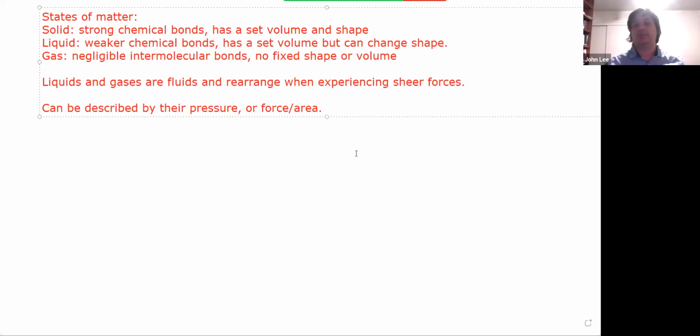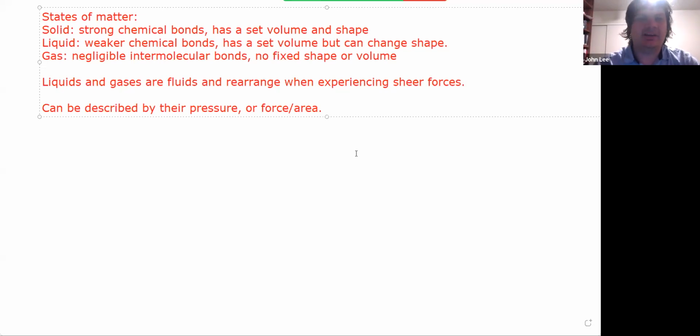Instead of resisting the shear force and trying to maintain its shape, with liquids and gases you apply a shear force and the molecules at the top of the system just move to accommodate the shear force instead of trying to resist it.